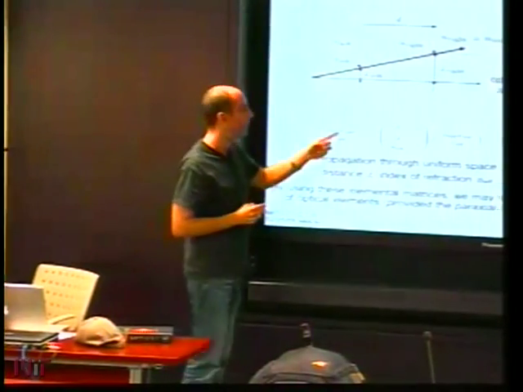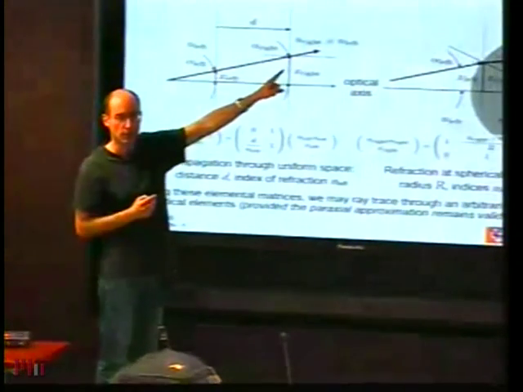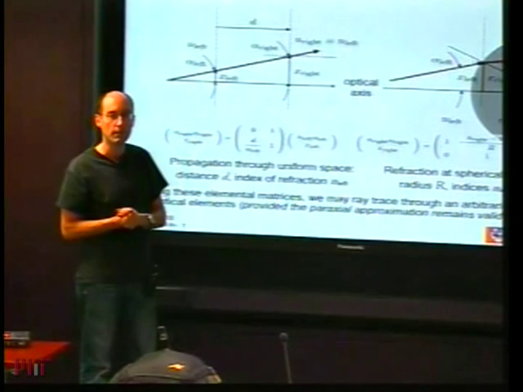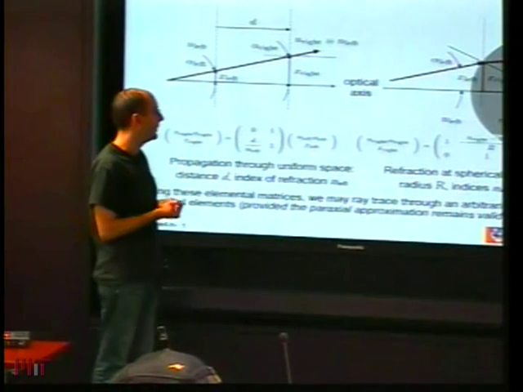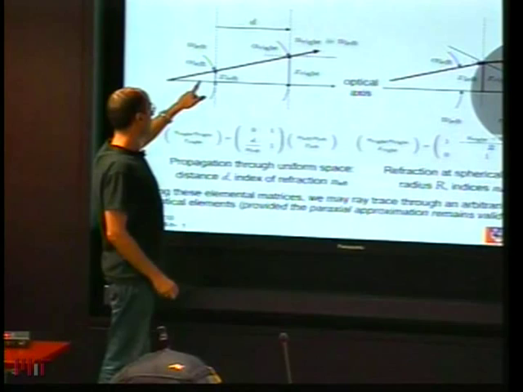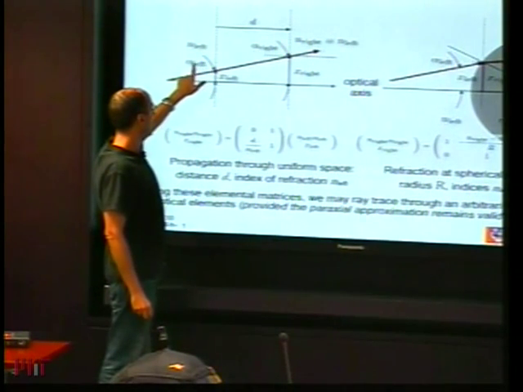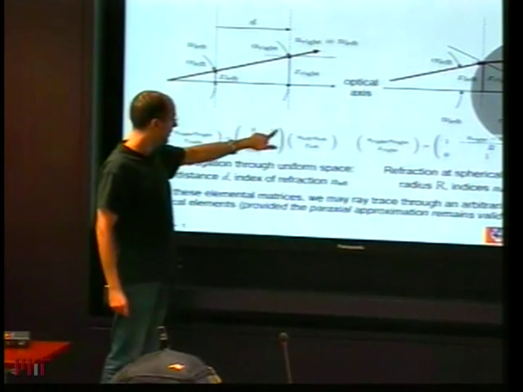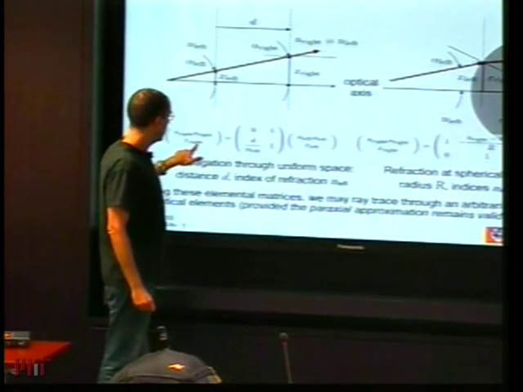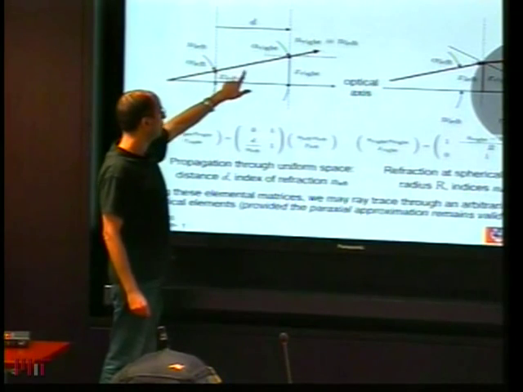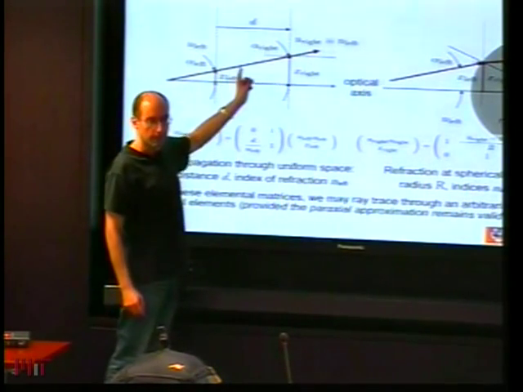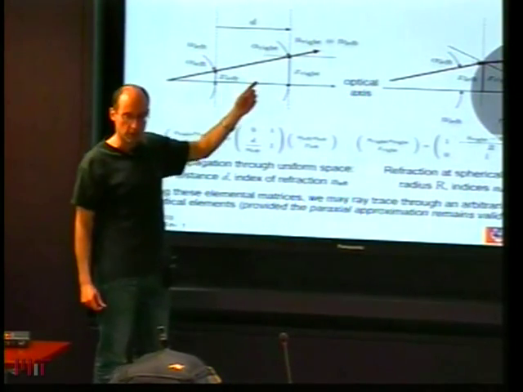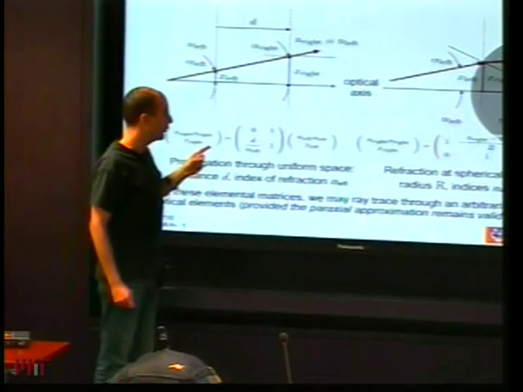Again, that looks silly because we know the ray propagates on a straight line in free space, or in uniform space, because of Fermat's principle. And of course, what will happen is that the angle of propagation will remain the same. That's what this law says. And also the elevation will increase by the distance times the tangent of the angle of propagation.